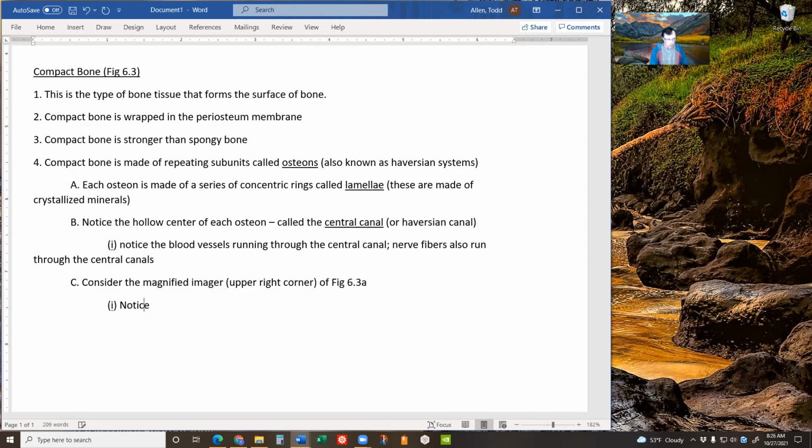Notice the lacunae, which are positioned in between overlapping rings of lamellae. The lacunae are actually pockets of space. They are depressions. They are cavities in the soil, if you will.